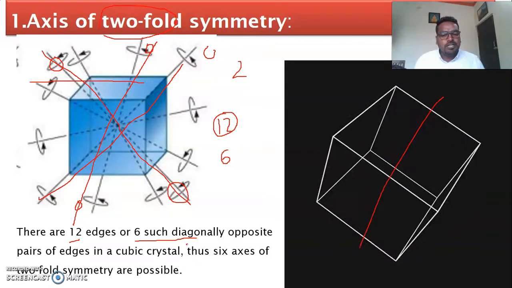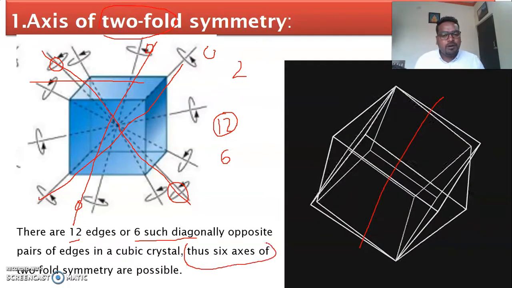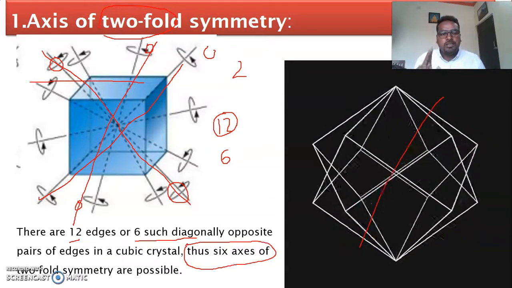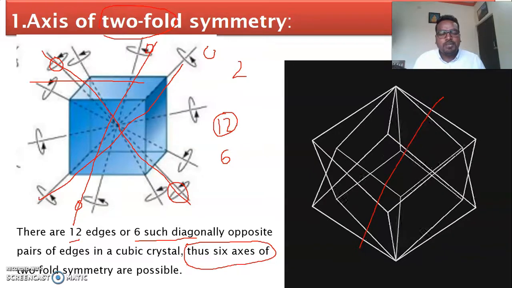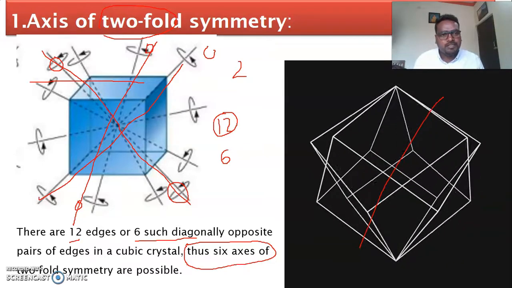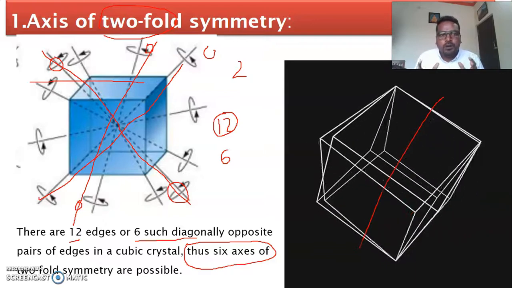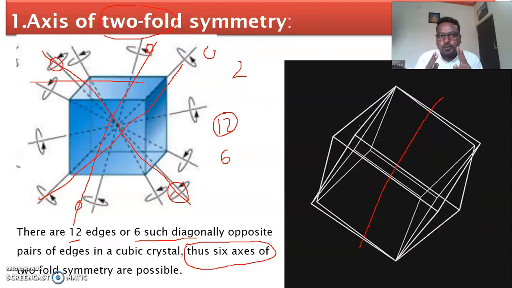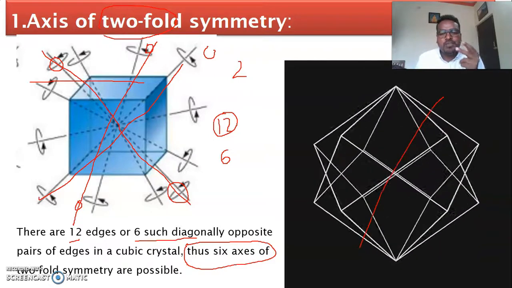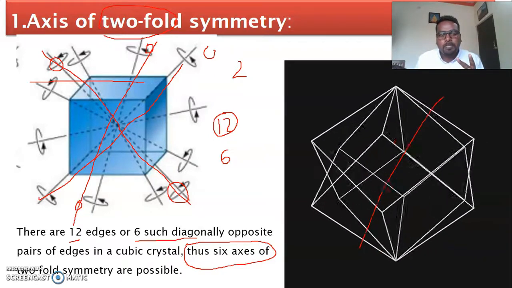So totally there are 6 different types of operations. In twofold, there are 6 twofold axes of symmetry possible in the case of a cubic crystal. You have to know how it is twofold: on rotating, you get the same image appearance 2 times. That's why it is twofold.